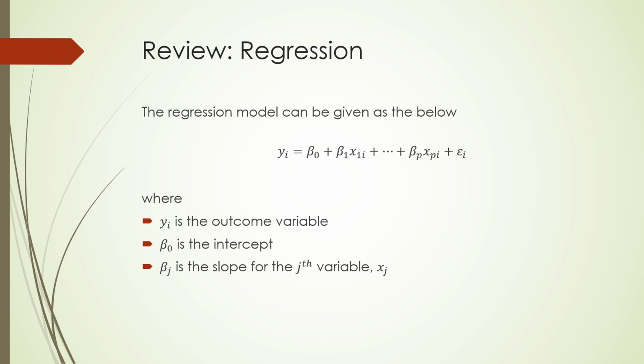It's going to represent how much y changes when x changes by 1 unit. And last but not least, we have the unexplained variance in the outcome, the outcome variance that's not explained by the model, and this is called epsilon. We consider this to be an error term for the participant. That is, how much of the variability in the participant's response was not captured by our statistical model.